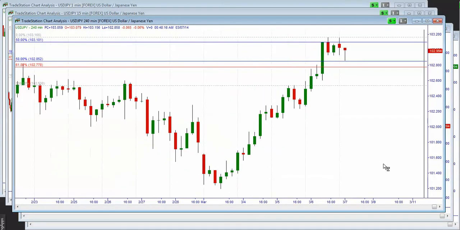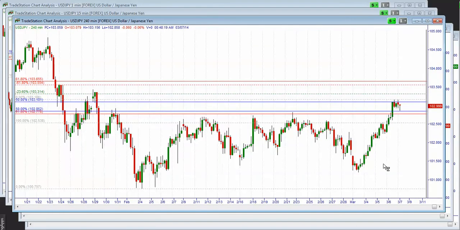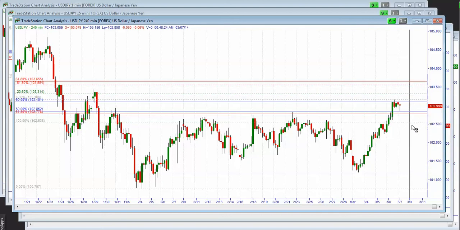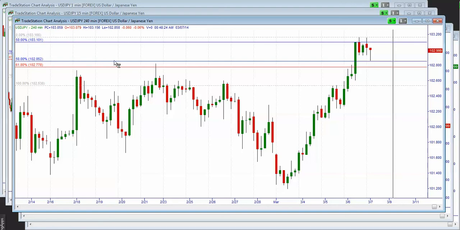Of course, if price keeps respecting this measured move, then the next two targets are going to be 103.31 and 103.55. So I would not trade this 102.85 long, and actually we lost this trade already, but I would verify whether we break below 102.77.